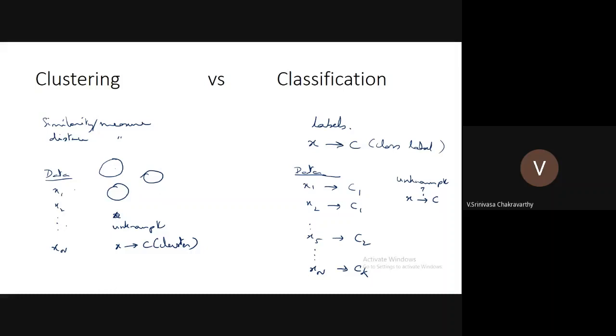Here the clusters are something that you extract by the algorithm by performing the operation on the data set. It doesn't come with the data. Whereas in classification, the labels come with the data, they're part of the data. Without these labels, the classification problem is undefined. And once you have this data set, each data point along with the label, when you have a new data point, you need to tell what is the label.